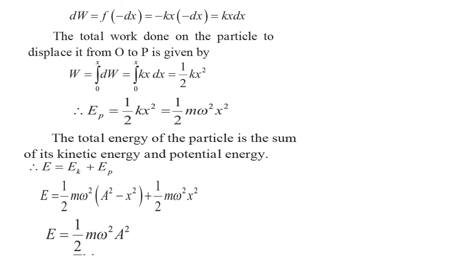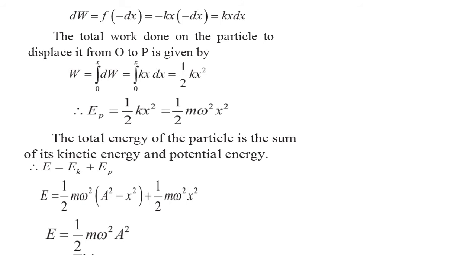Now as we discussed, the particle performing SHM has both kinetic as well as potential energy. So the total energy of the particle is the sum of its kinetic and potential energy.